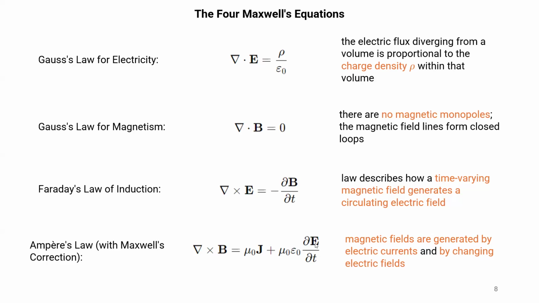So change of electric field in time creates the curl of magnetic field. Also, it includes the current term, which dictates that not only electric field and its change in time, but also the current itself can generate the curl of magnetic field.